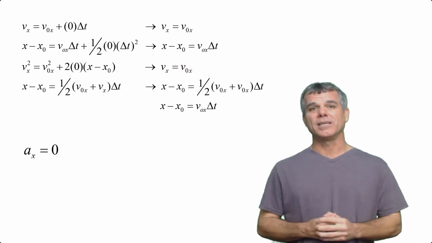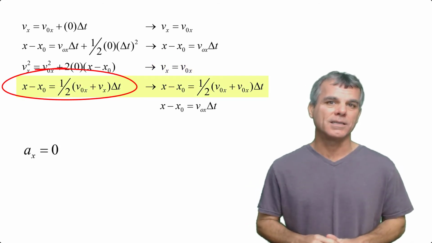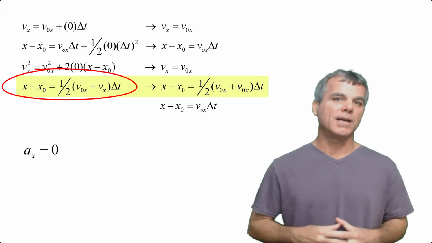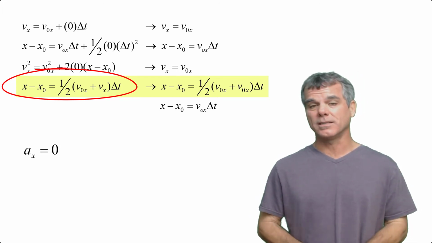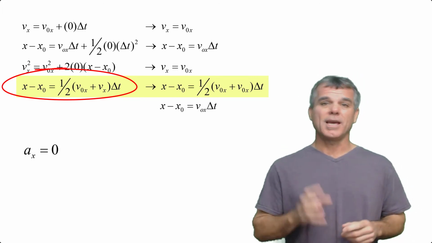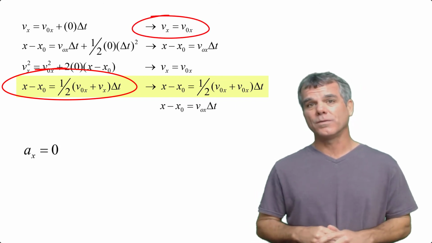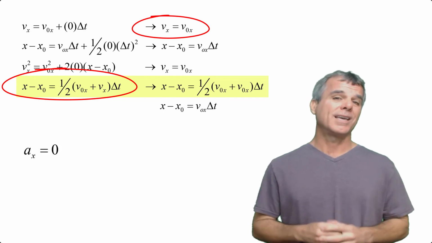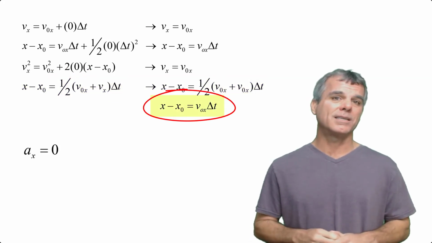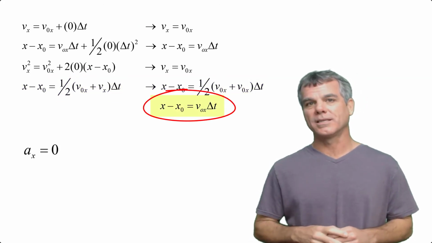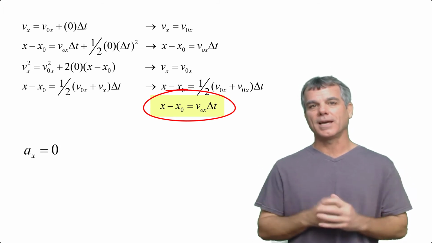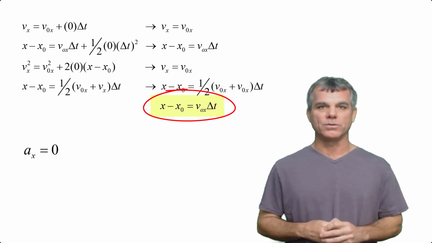And then last but not least, we have x minus x naught equals 1/2 V naught x plus Vx times delta t. Keeping in mind that Vx does equal V naught x, I can plug in V naught x for Vx, and what I get is x minus x naught equals V naught x times delta t, exactly the same as what the second equation reduced to.